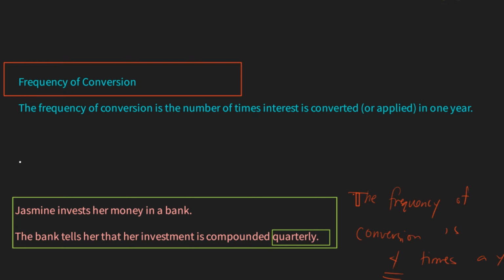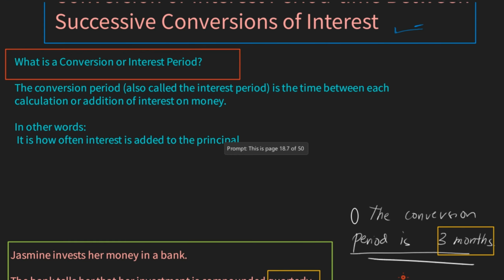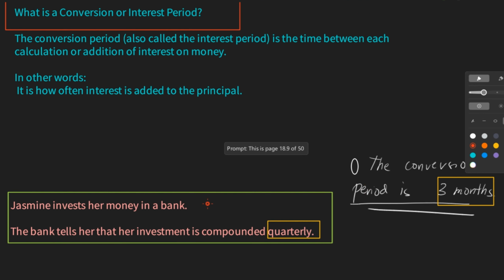Again, the conversion period is the time between each calculation. In this example, the interest will be added every 3 months.